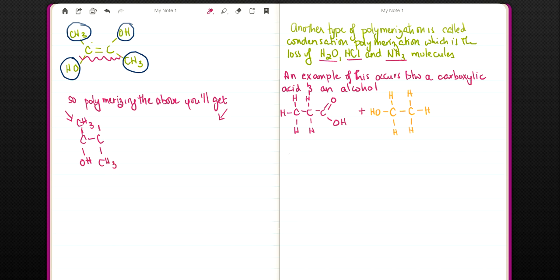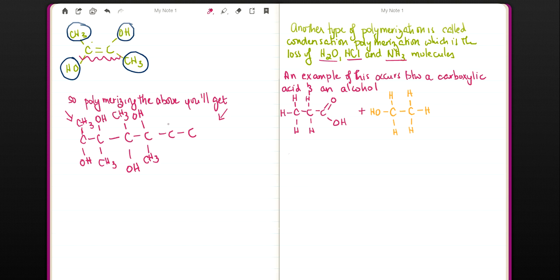Pretty much can't help it right now. And of course, it'll just repeat itself. Obviously you would have 6 C's in the end, and you have each of the groups being repeated, going across, right? You have your OH, and you'll have your OH, right? You have your CH3 and your CH3.